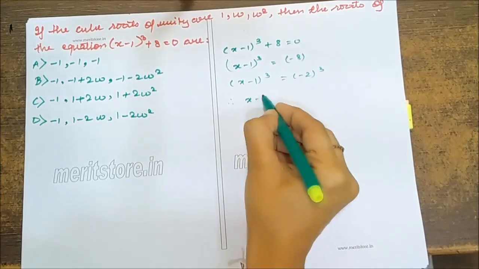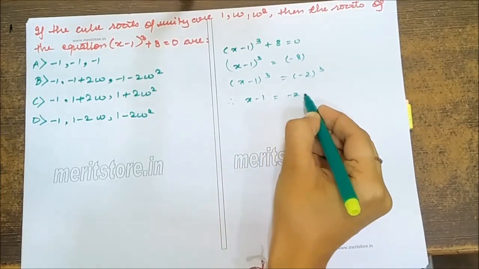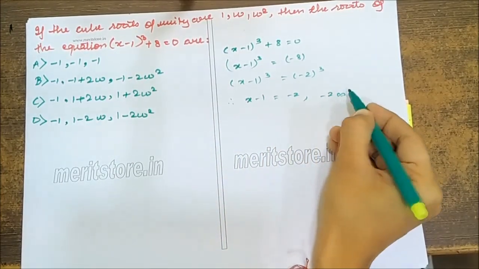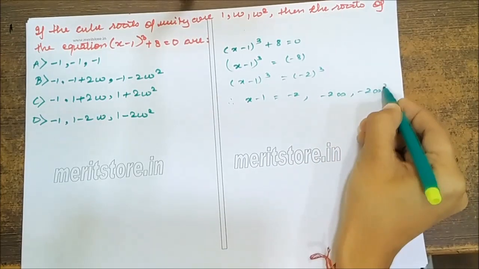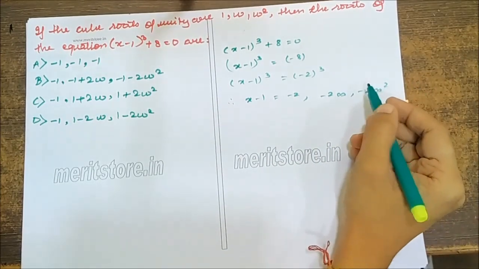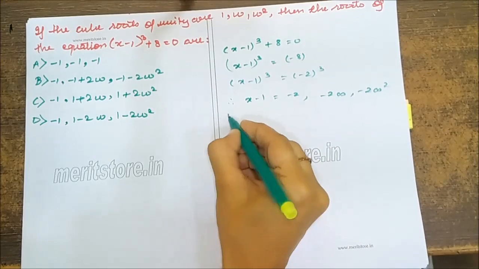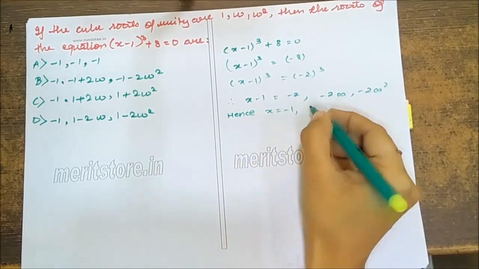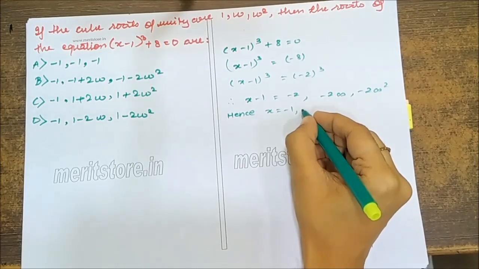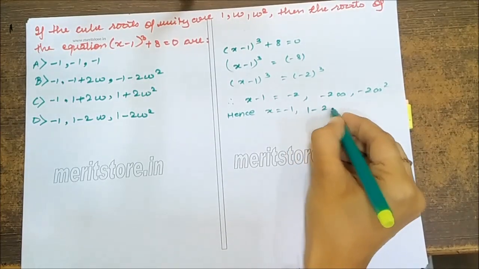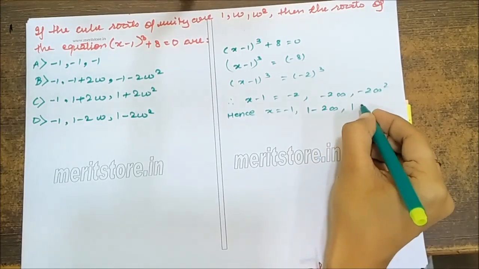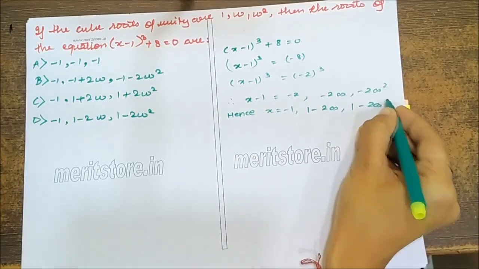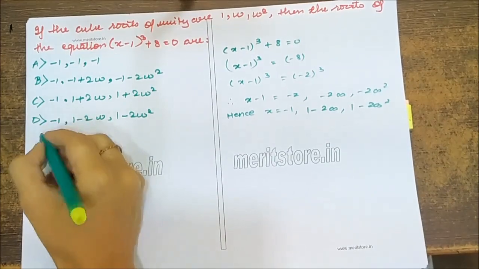Therefore x minus 1 is equal to minus 2, and hence minus 2 omega, minus 2 omega square. Hence x is equal to minus 1, 1 minus 2 omega, and 1 minus 2 omega square. So your option will be D.